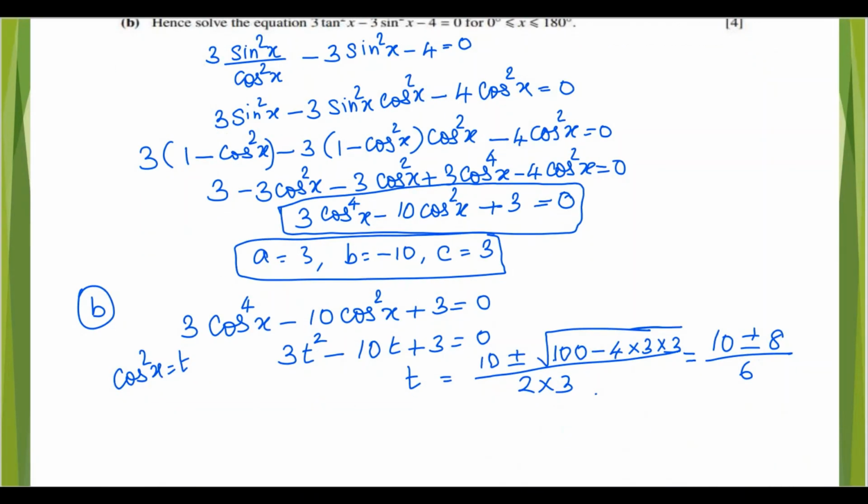So t takes the value 10 plus 8 divided by 6 is 18 divided by 6 is 3, or 1 over 3. So now this can be written as cos square x equal to 3 or cos square x equal to 1 over 3.